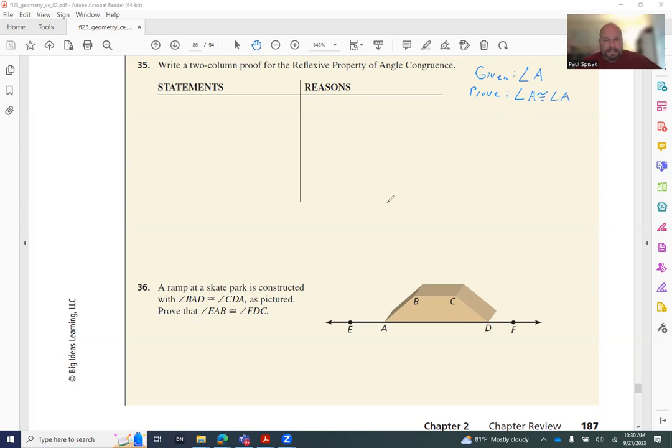Now, we already did this proof earlier in the notes. So again, if you flip back, you would see this one. It's not exactly the same, but it's very close.